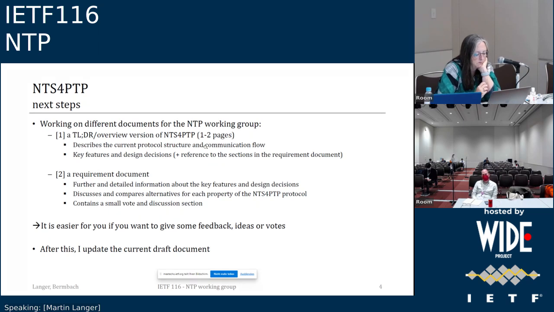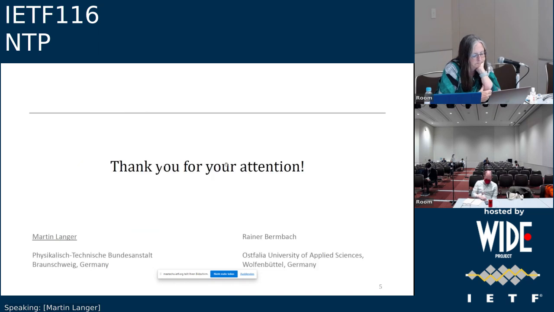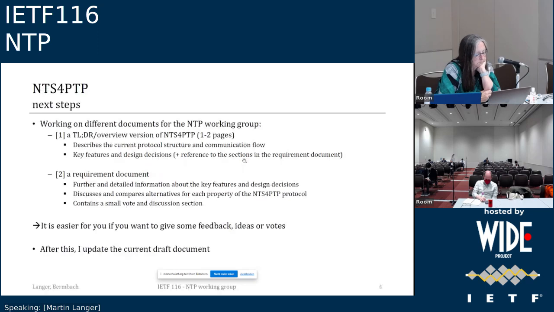The second document contains much more detail, describes alternative solutions, and contains a small voting section, so everyone who wants to can easily give their opinion or suggestions. On this basis, I try to update my NTS for PTP draft, and hopefully I can push it to the NTP working group. So this is basically the current state of progress.